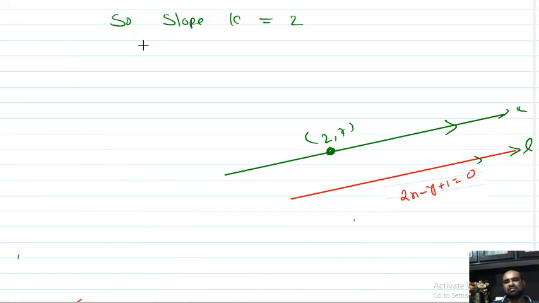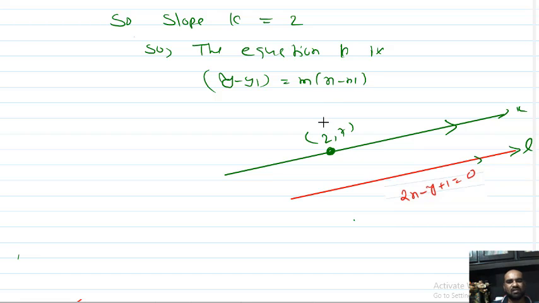Listen students. So the equation of K is y minus y1 equal to m times (x minus x1). This is acting just like (x1, y1). y minus 7 equal to m, which is 2, times (x minus 2). Okay.